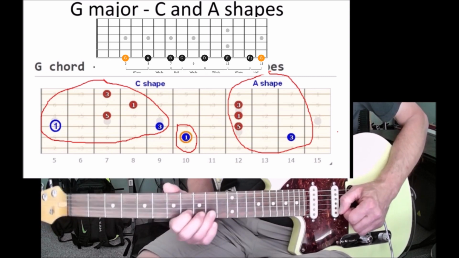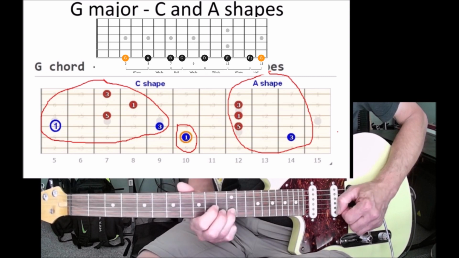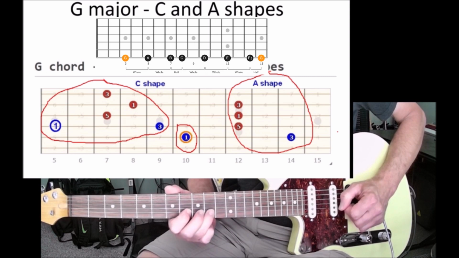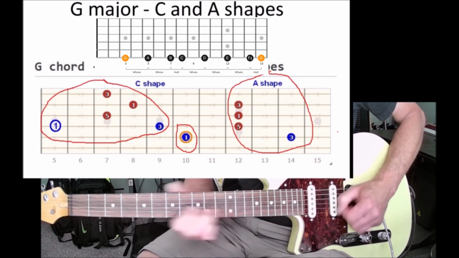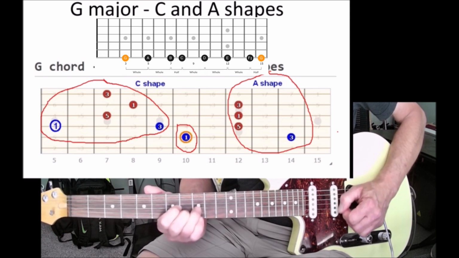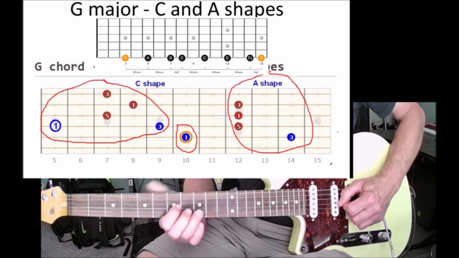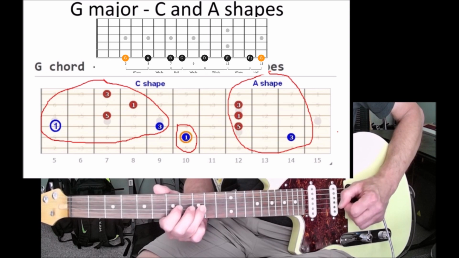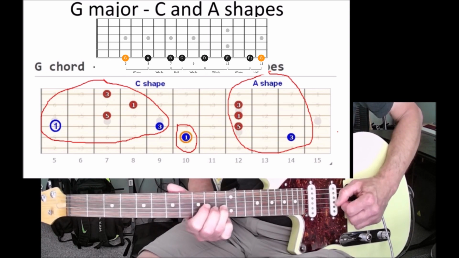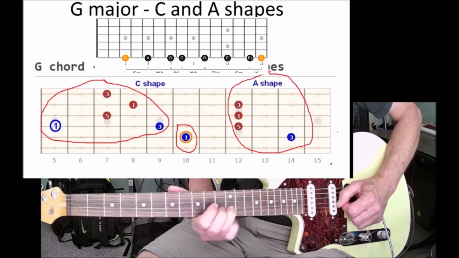So if this is the one, that means 2, 3, and a half step to the 4. So if we know about this, we know this is the 5. 5, whole step to the 6, whole step to the 7, half step. We're basically back up to the 1, right?